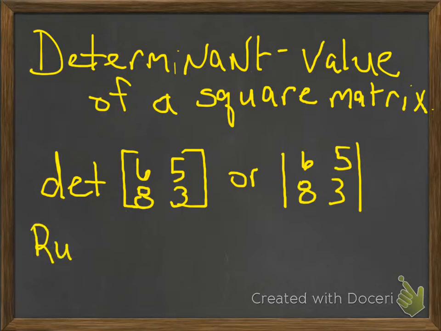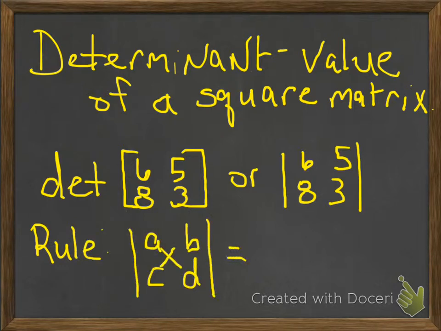Alright, here's your general rule for finding your determinants. On a 2x2, if you have, say, A, B, C, D, multiply the main diagonal, A times D, and then subtract the other diagonal, I call it the right diagonal, B times C. That's all it is. AD minus BC will give you the determinant. Looking at the example we have right there, what's 6 times 3? 18.